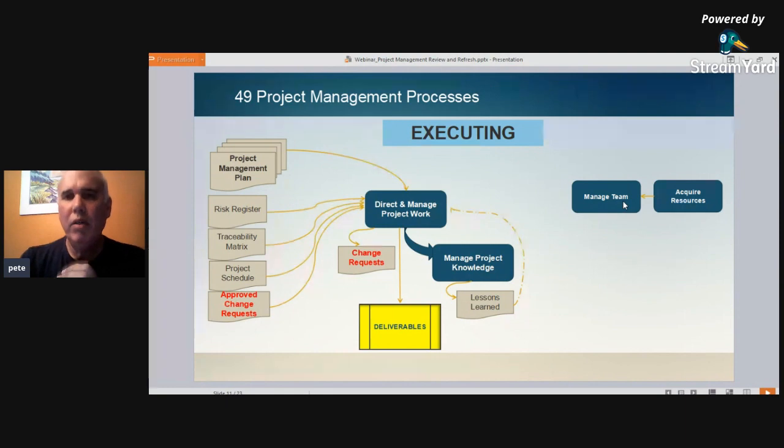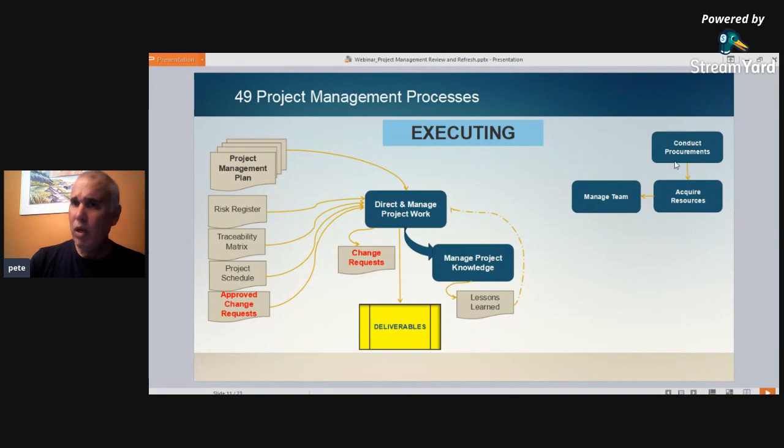That they're already part of the team as soon as you get your project charter. But in many instances, you have to go out and negotiate within your organization for staff resources and potentially go through procurements for contract employees, for contract workers.